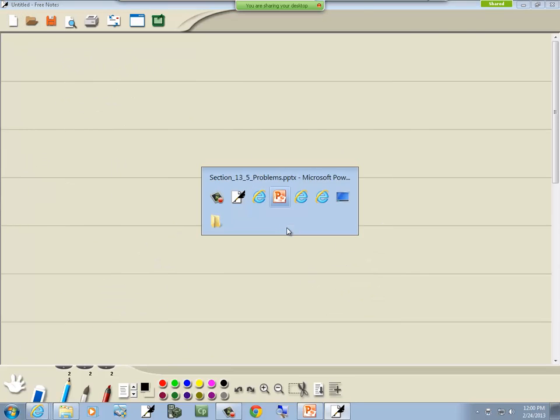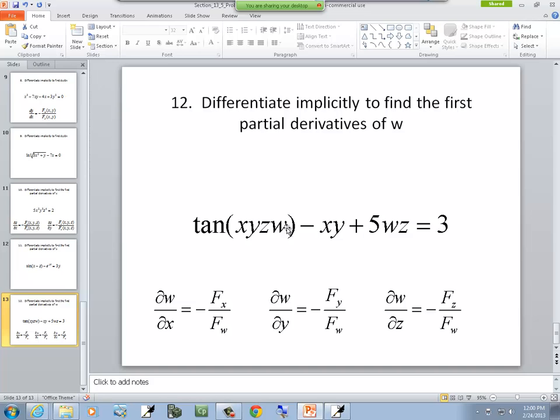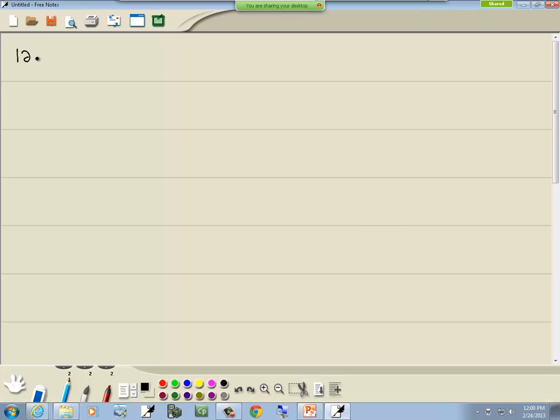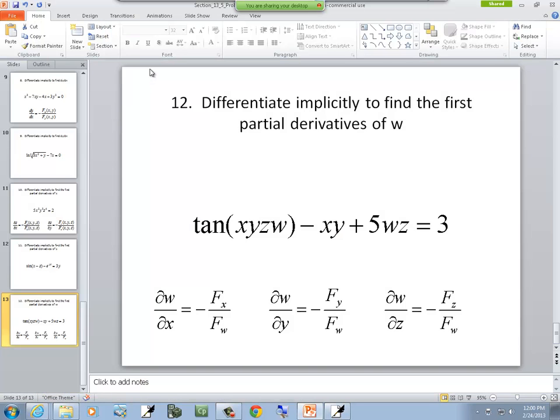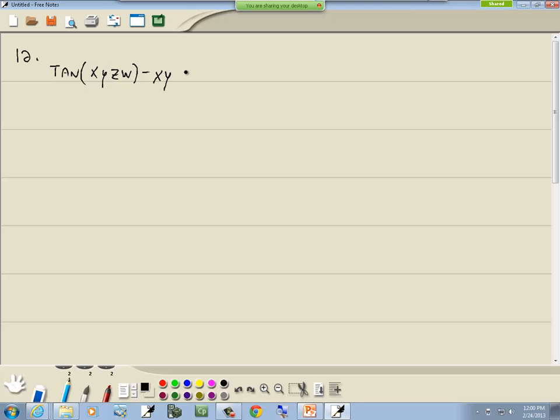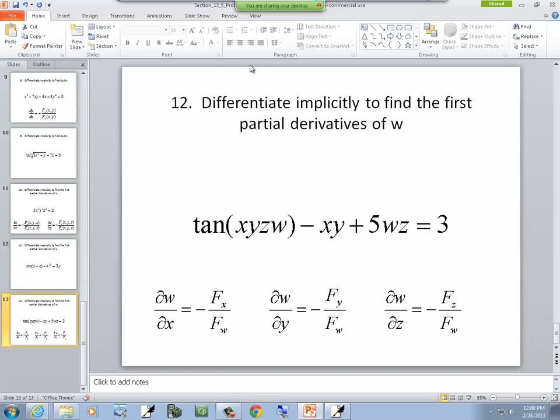Okay. Let's look at our last one. So we got tangent of xyzw minus xy plus 5wz is equal to 3.